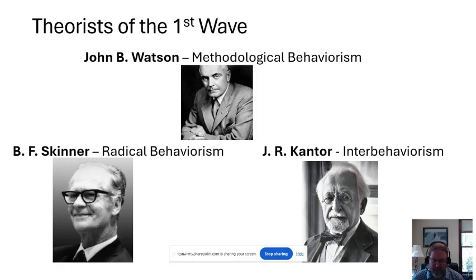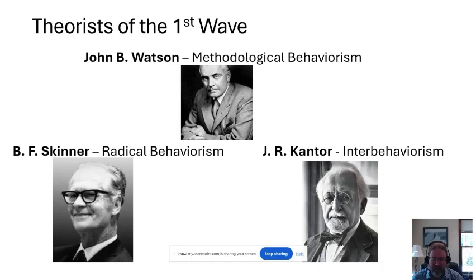And this is a little bit of an overstatement, but basically banning introspection or those kinds of unobserved private events. We've got B.F. Skinner. We'll talk a little bit more in a second about how radical behaviorism addressed this problem differently. And we also had J.R. Cantor, who may not be that familiar to folks, a quiet figure in some ways, but also good to know, especially if you do some deeper reading into more modern CBS literature.